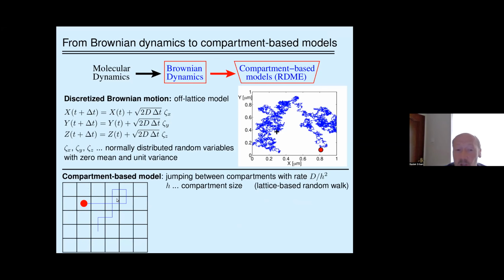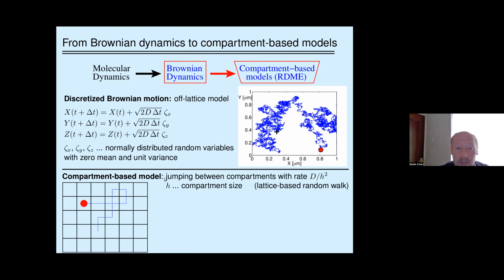If I was thinking about individual molecules, then the process would be effectively a lattice-based random walk, jumping between compartments with rate D over h squared. D is my diffusion constant, h is the compartment size. If I consider a random walk where a molecule can jump with this rate D over h squared, then I obtain a diffusion process with the same diffusion constant.